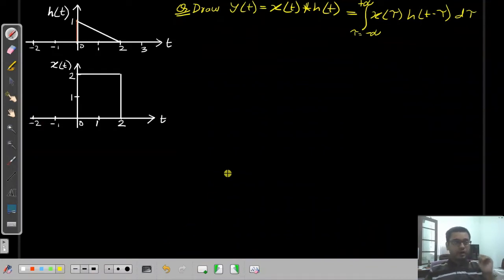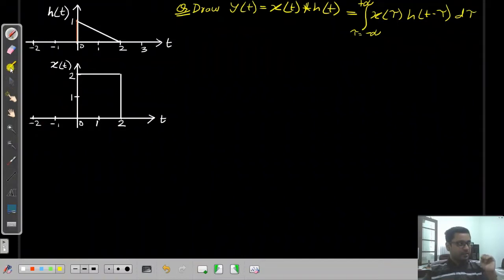Okay, so first of all, you observe that in this integration, tau is the running variable, t is not the variable of integration. t is like a constant when we carry out this integration. So let us first draw x and h as functions of tau instead of t.